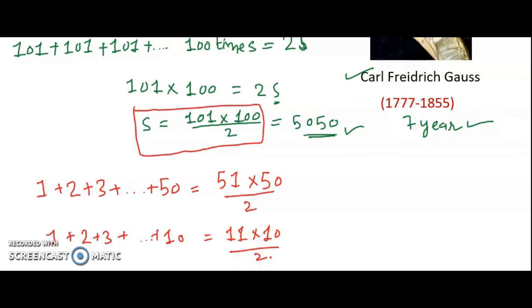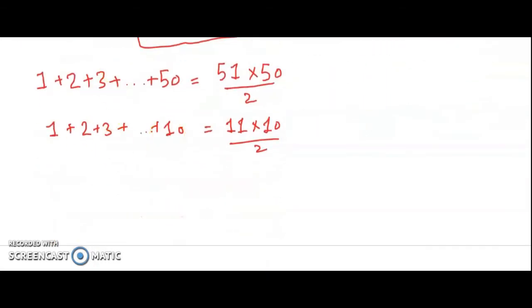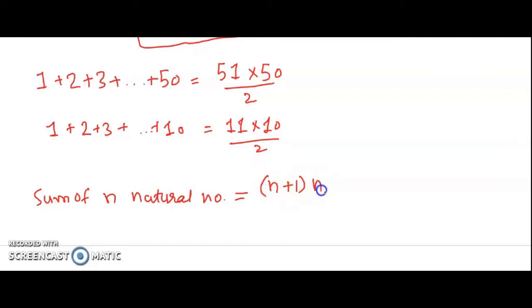So in general, we can say that the sum of n consecutive natural numbers will be equal to (n plus 1) multiplied by n divided by 2. This is the basic formula you can use to find the sum of the first 5 natural numbers, or first 10, or first 100, or first 1000 natural numbers, right?